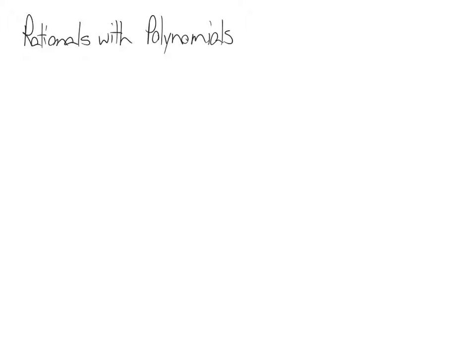So rationals with polynomials. Now here, remember a monomial is just a polynomial with one term. Okay? But we could have a mixture of some monomials with maybe binomials or trinomials or any kind of combination there. So let's start with a simpler one here.